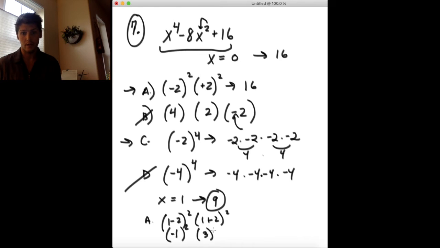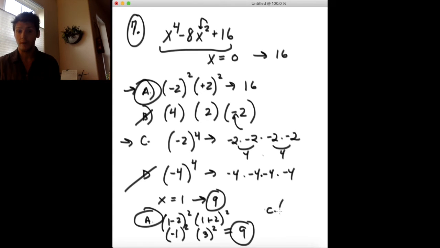So we're saying 1 times 3 squared, which is definitely 9. And answer choice A is right. I'll circle it in both spots. And C would be wrong because you would have 1 minus 2 to the 4th power, which is negative 1 to the 4th power. And that's not equal to 9. That's equal to 1. So it's answer choice A.